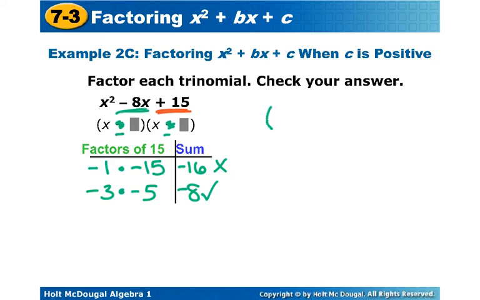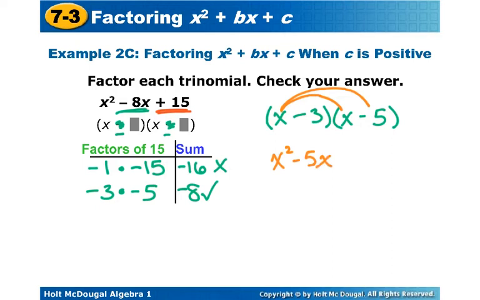So writing my 2 sets of parentheses, you have x and x, 3 and 5, and they're negative, so it's subtracting now. Then if you check your work, you have x times x, x squared, x times negative 5, negative 5x, negative 3 times x, negative 3x, negative 3 times negative 5 is negative 15.